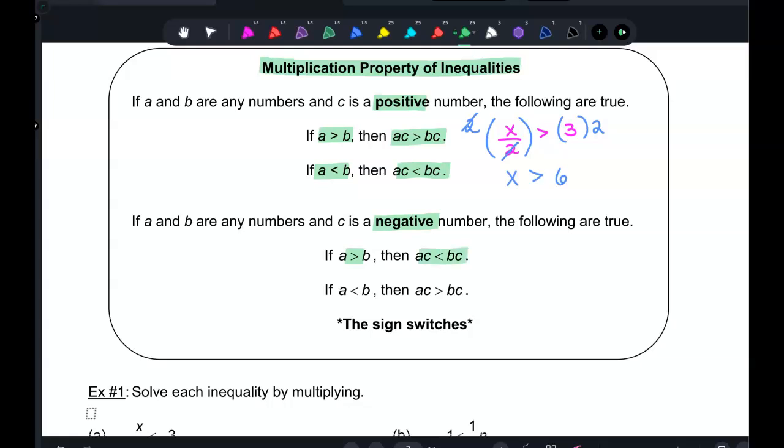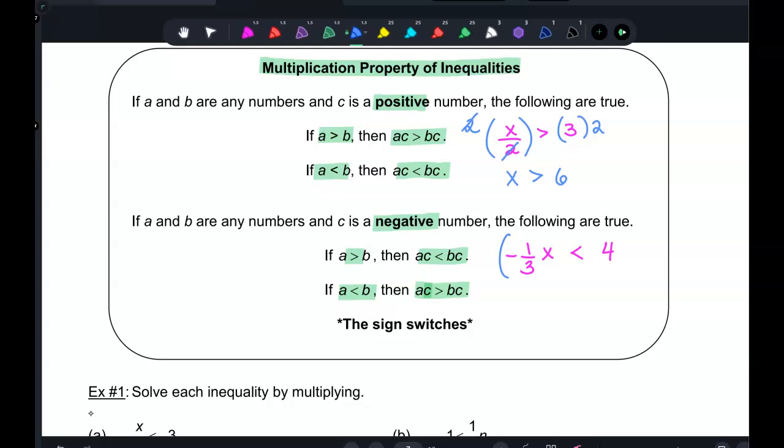Now, some of you might have learned that if the number that we multiply is negative, the greater than switches to a less than, or less than switches to a greater than. Here, I'll give you an example. Let's say I give you negative 1/3 x is less than 4. How do I isolate x? What would I multiply by to get rid of the negative 1/3?